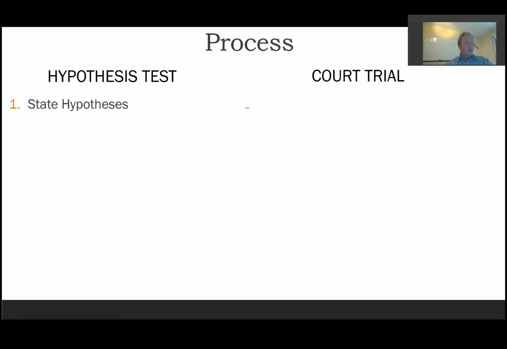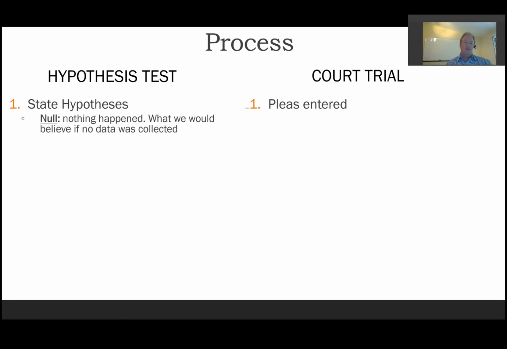So the first step we always do in a hypothesis test is we state our hypotheses. And what is the very first thing you do when you go into a courtroom? The judge asks, how do you plead? And just like there are 2 pleas, there are 2 hypotheses. The null says nothing happened. It's the thing we would believe if we didn't do the study, our default belief.